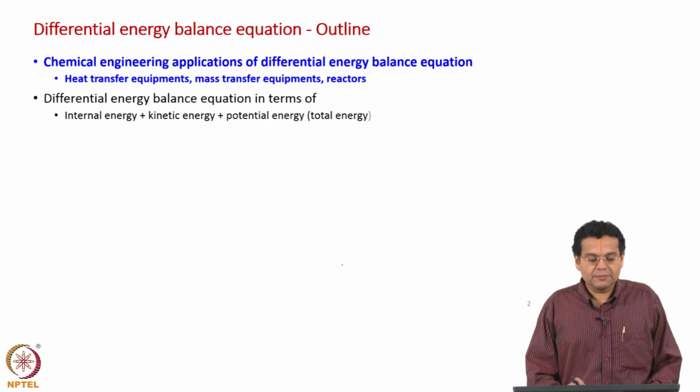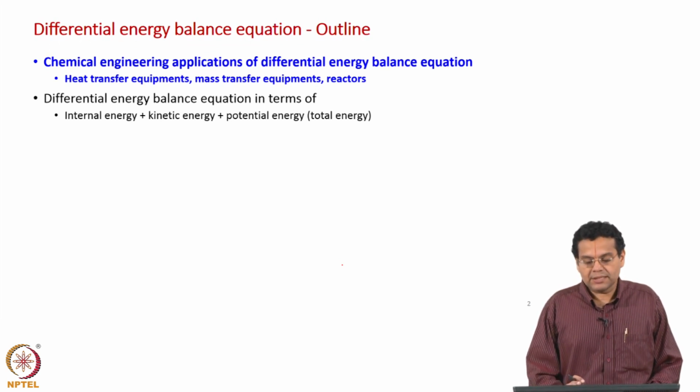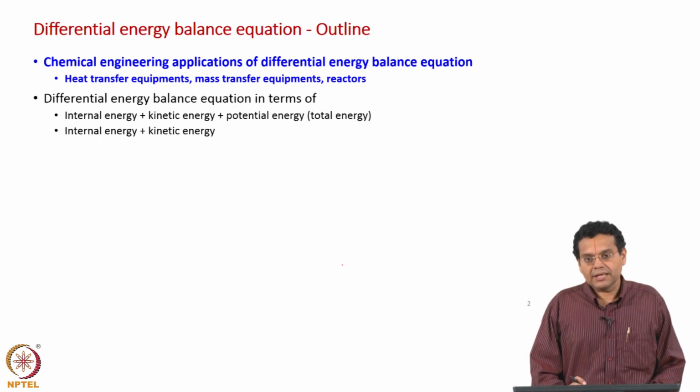First, we derive in terms of the total energy, that is internal, kinetic and potential energy put together. From that we get an equation in terms of internal and kinetic energy.